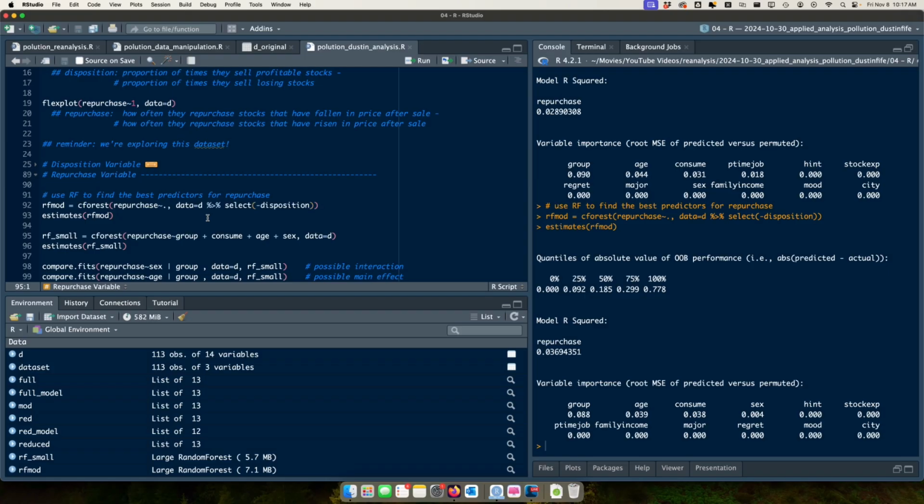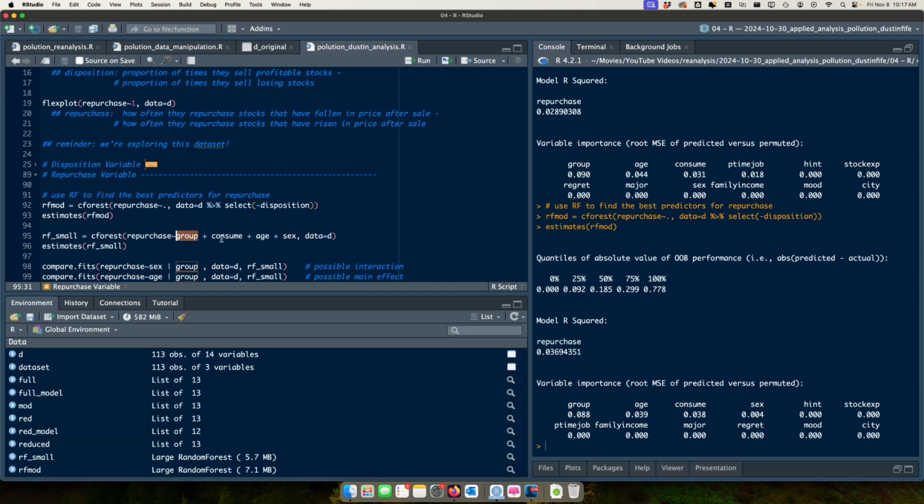Now, let me look at the repurchase variable, which again, I don't understand what this variable is. So I can't speak to that much, but we're going to go ahead and use the same strategy. We're going to use random forest to compute variable importance for each of these variables. So we've got group, age, consume, and sex, and those are the only ones that have a value.